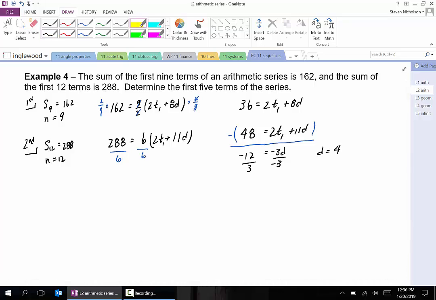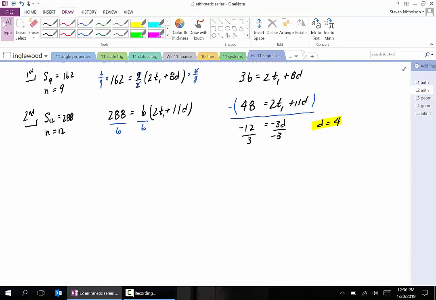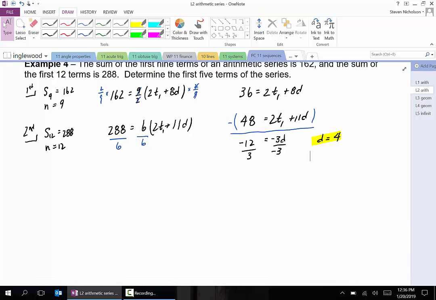So that's really important. D is equal to 4. I'm going to need that eventually. But one reason D is really important is, now that I have D, I can go back to any one of these 2 equations. So I can go back to this original equation, or I could go back to this original equation.